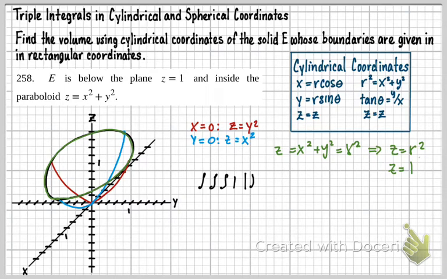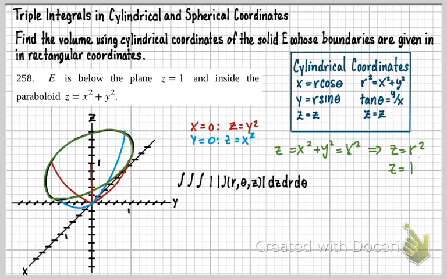And then I have my Jacobian, r, and then I'm going to have dz, dr, d theta.